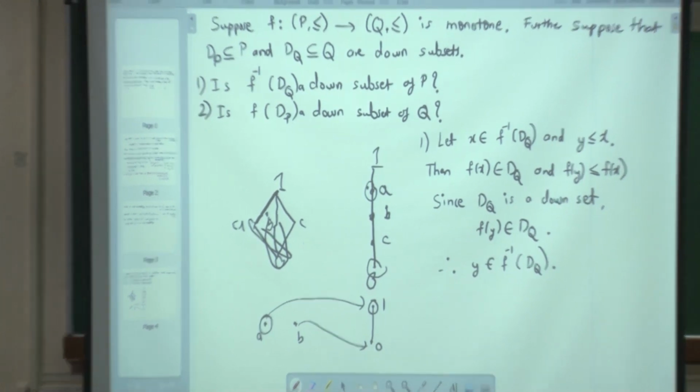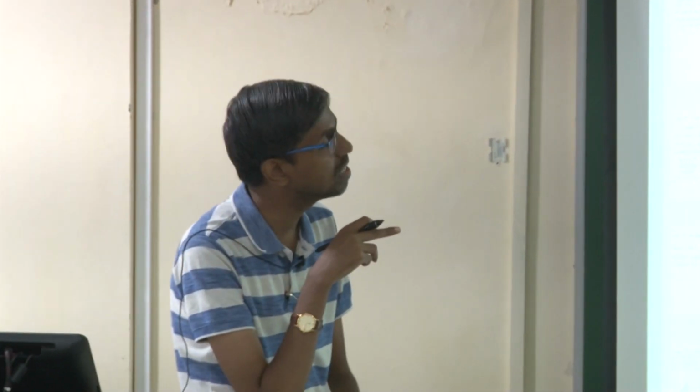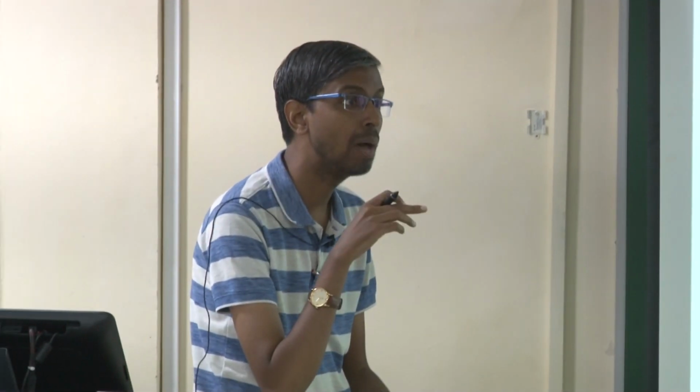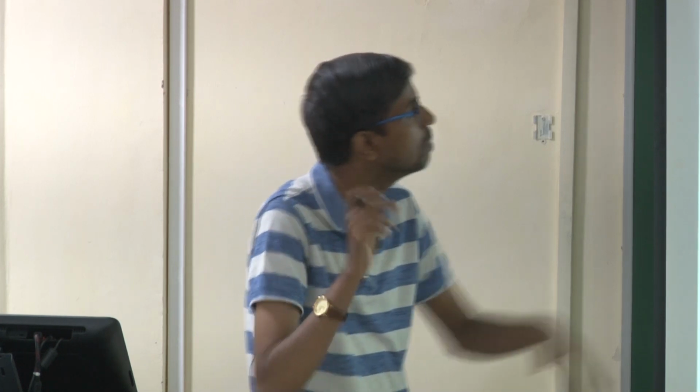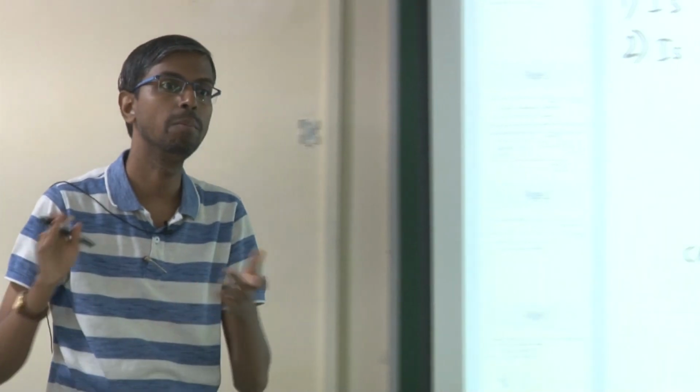Now let us explore what happens with 2 if we say that F is not just a monotone map but an order isomorphism. If F is an order isomorphism, then will the direct image of a down subset be a down subset?